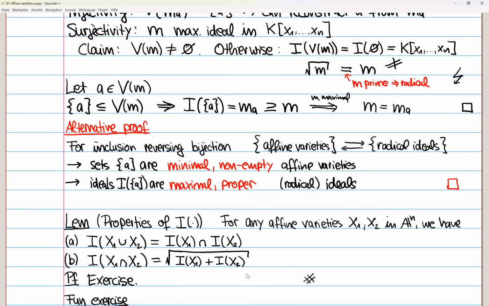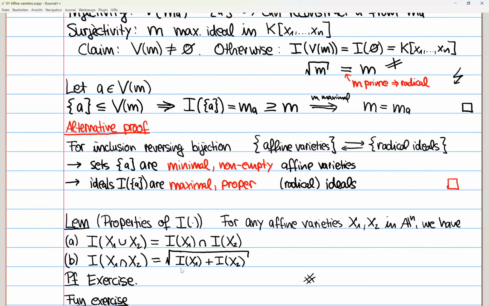And the proof is left as an exercise, but I think it's a good exercise because you can then see where the Nullstellensatz appears here, and also recall a bit about the ideal of functions.